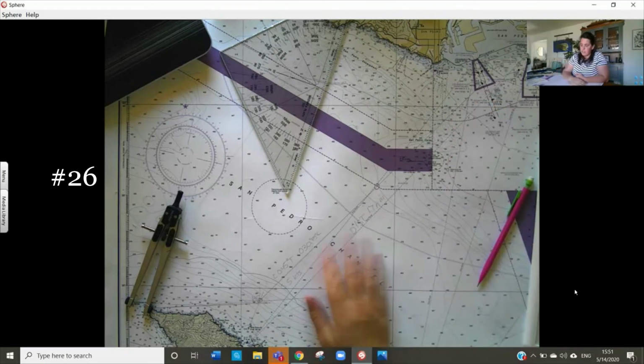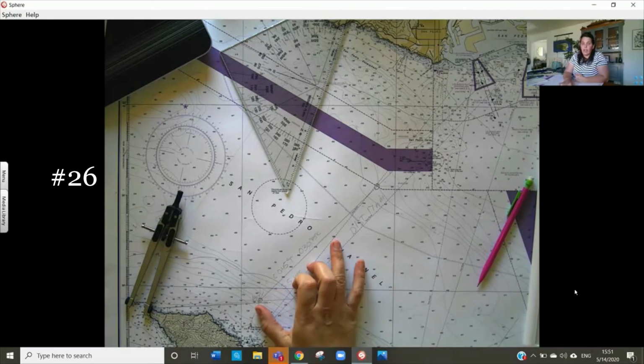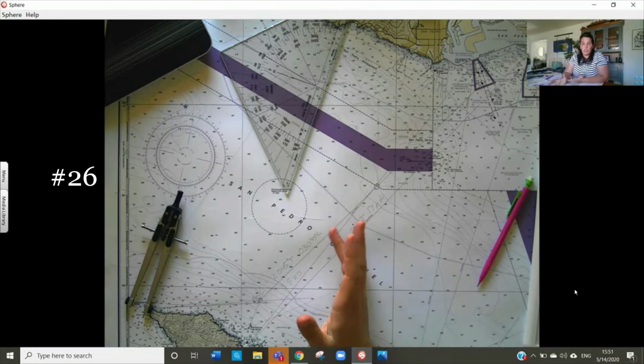So let's do that. We left here, this was our position at 1412, and at 1500 we changed speed, but it didn't give us a position. So we need to DR where 1500 is so we can see where we increased our speed.